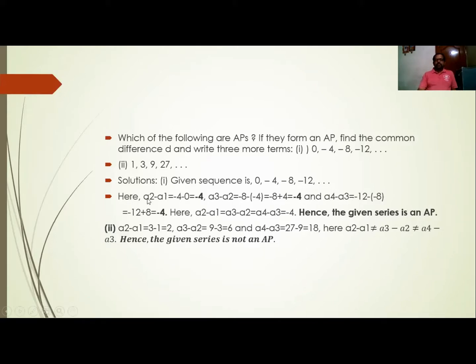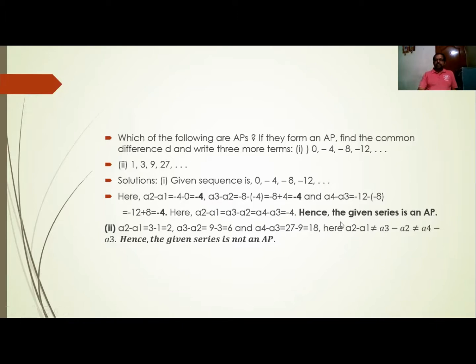All 3 differences are equal to minus 4. So A2 minus A1, A3 minus A2 and A4 minus A3 are all equal, hence the given list of numbers is an AP, right?